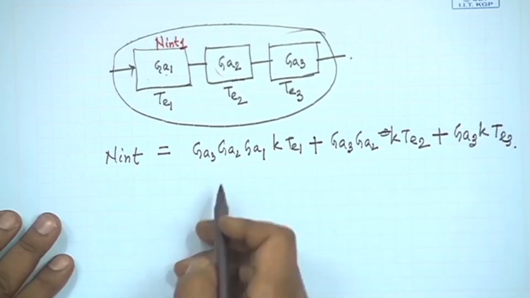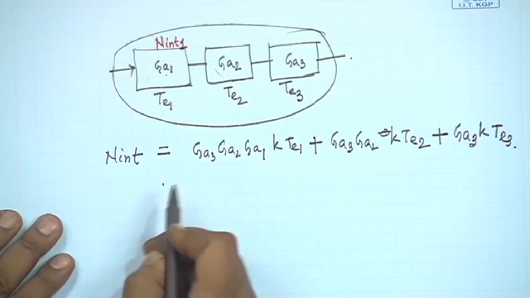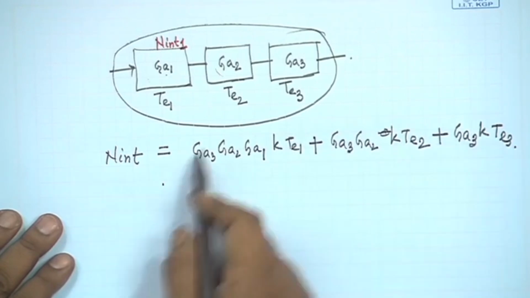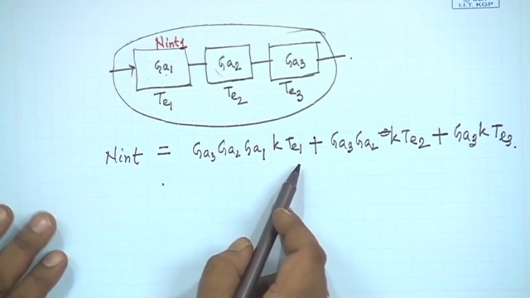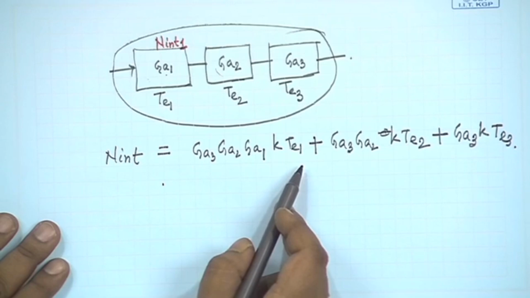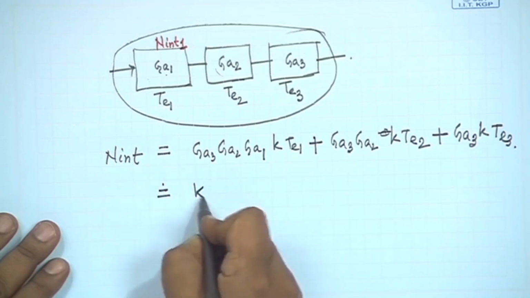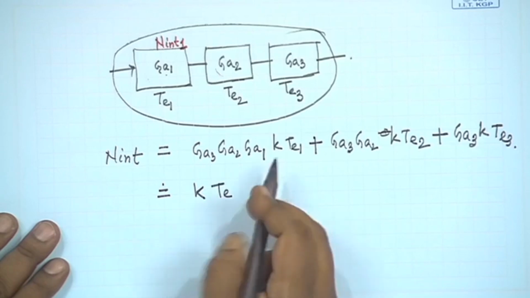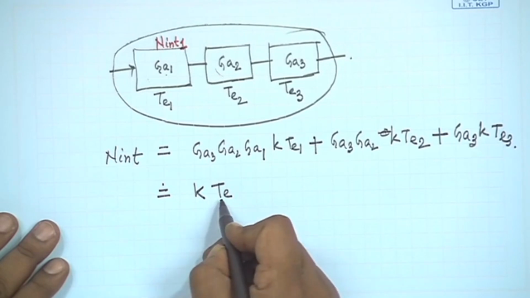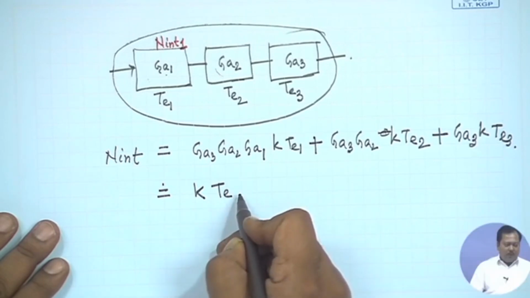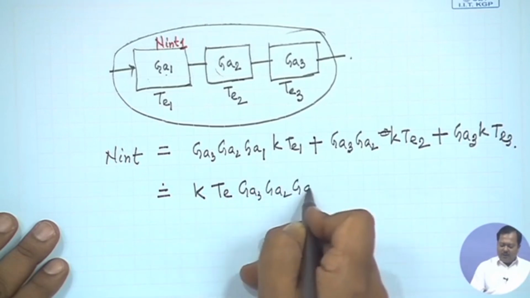it is GA3 k TE3. If we represent this overall combination by some effective temperature, let us say TE, then we can write this as k TE, the overall equivalent noise temperature, multiplied by GA3 GA2 GA1.